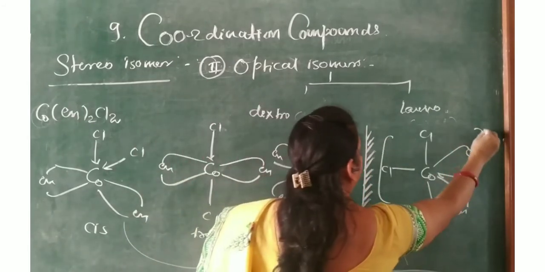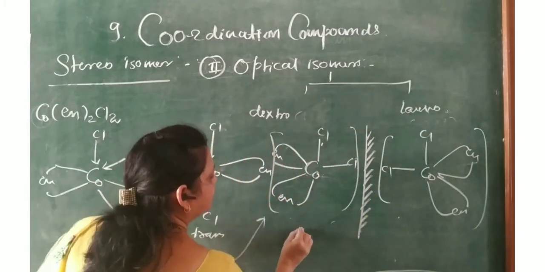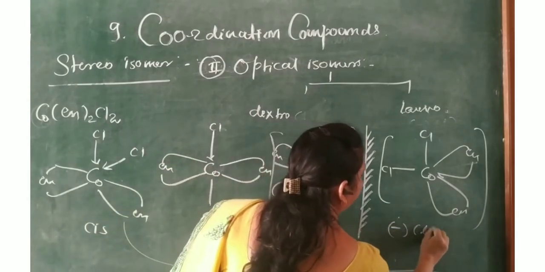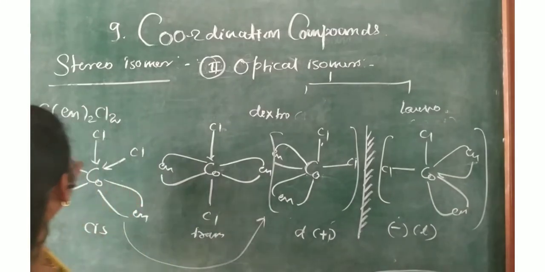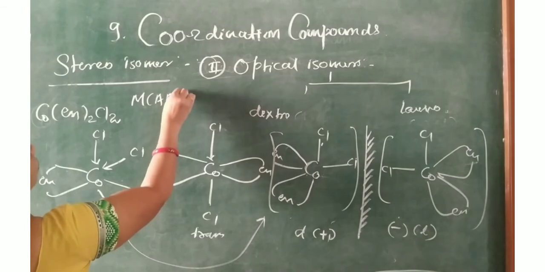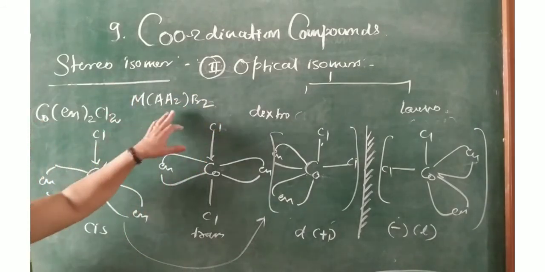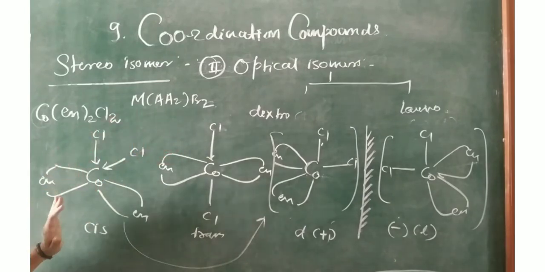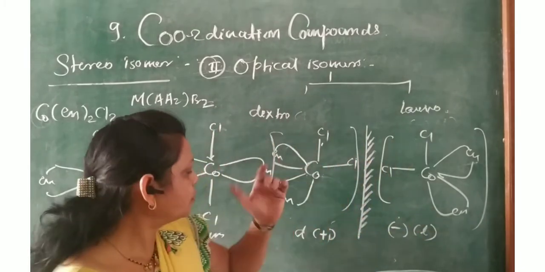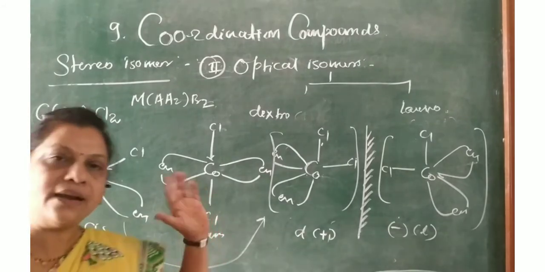Okay, means these are the cis isomers, but they are mirror images of each other. This is dextro or positive, and this is laevo or negative. Means here Ma2B2 type complexes show geometrical isomers as well as optical isomers. Optical isomers are dextro and laevo, and geometrical isomers are cis and trans.